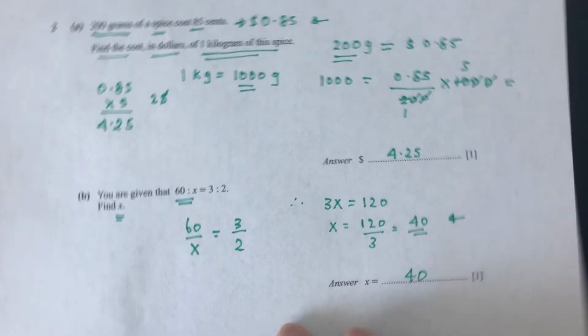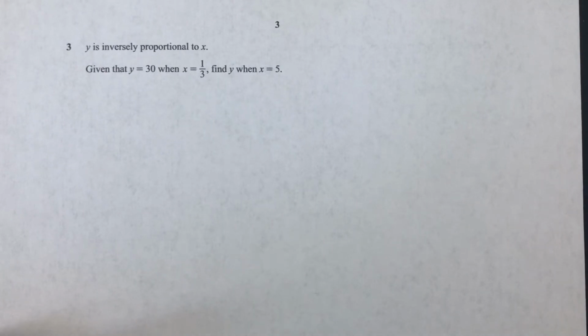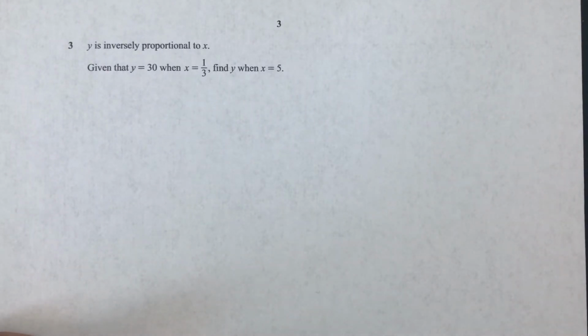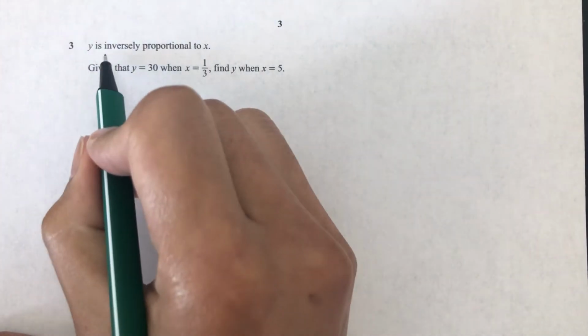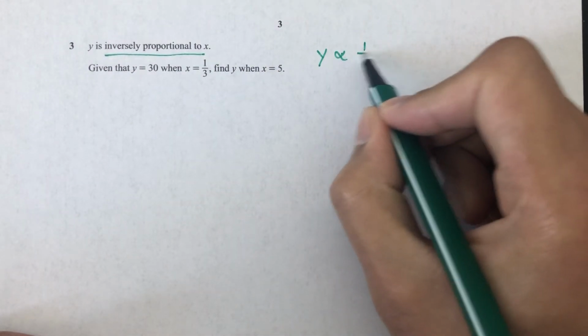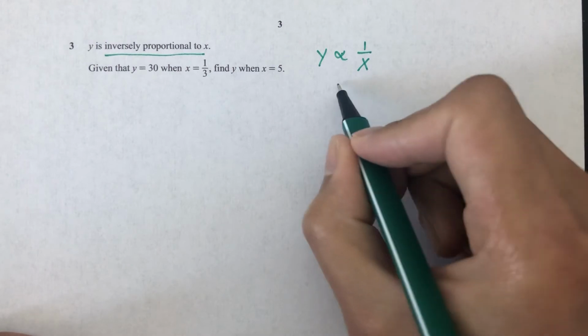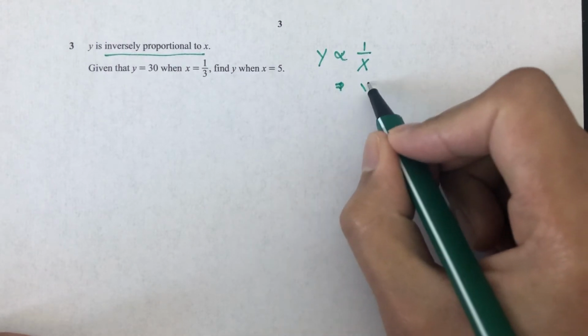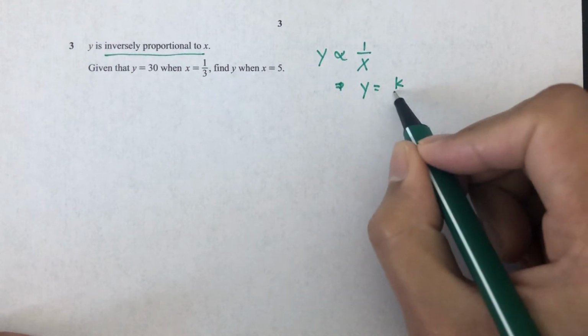Now moving on to question number 3. We have y is inversely proportional to x, which gives us this equation: y is equal to k divided by x.